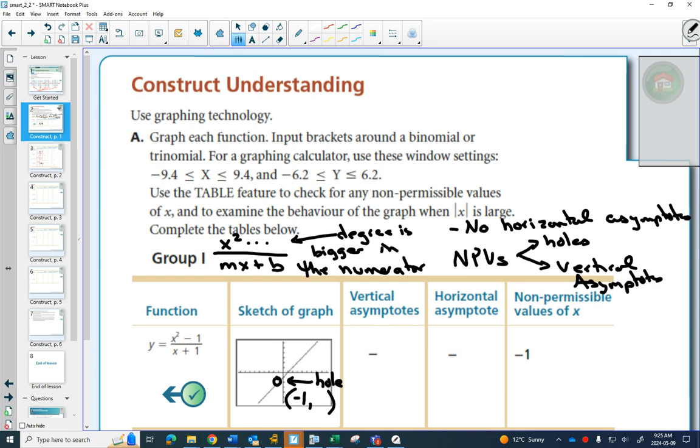I also want you to note that your non-permissible value sometimes is a hole, sometimes is a vertical asymptote. And we're going to find out how to tell that right away.